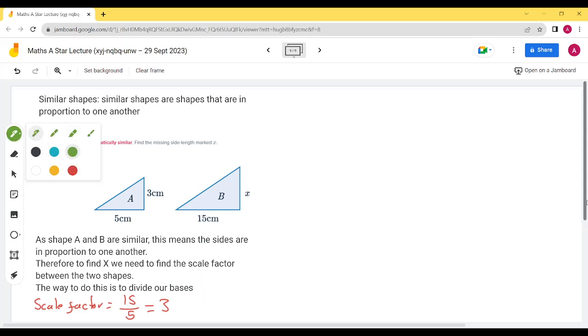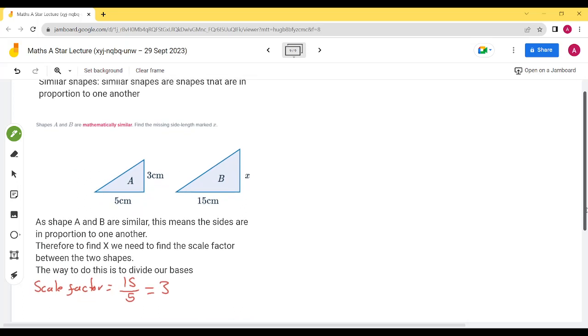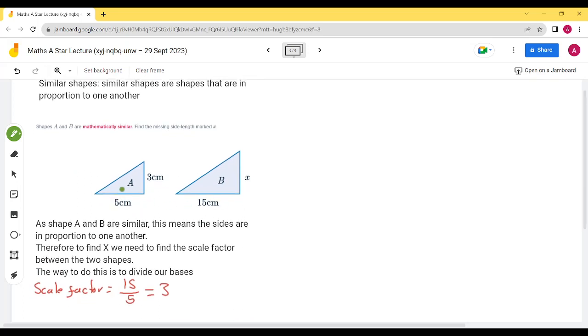So therefore, X equals 3 times 3, which equals 9 centimeters. So they're in proportion with one another. It will be the same with the hypotenuse, the long sides, if we needed to work them out as well.